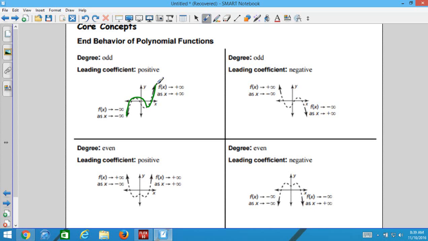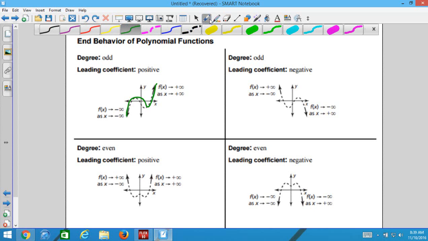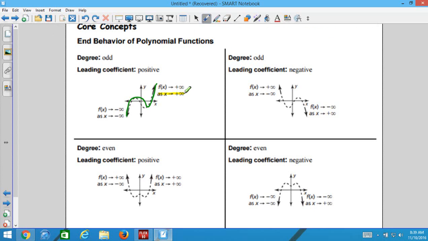Okay? Now what we are doing is we're talking about end behavior. So that means what is happening at the very ends. The left end and the right end. That's what we're talking about here. So you will see on every single one of these, the second part of what it says here is the same for all 4 of these.